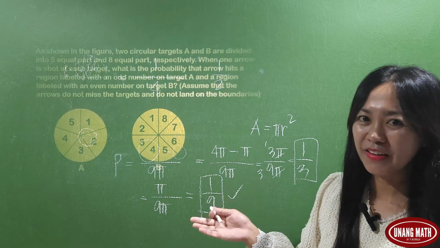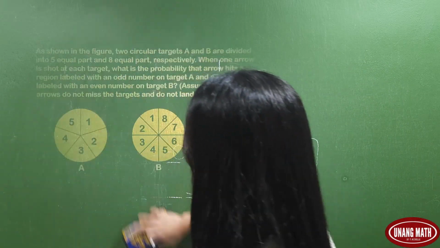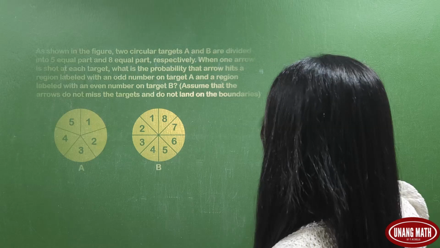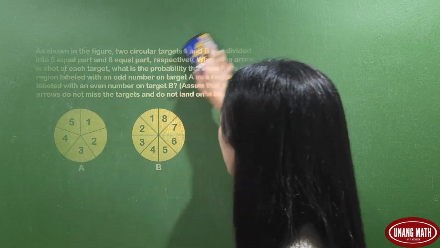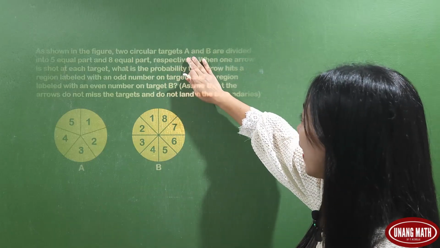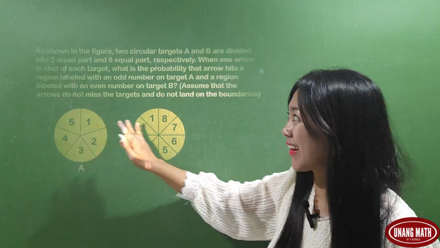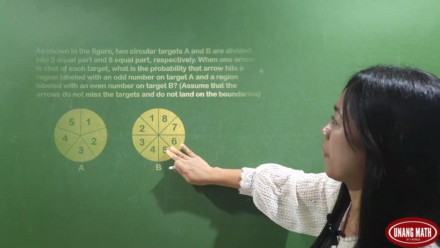Okay, moving on. Let's answer the simple questions. The first one is, as shown in the figure, two circular targets A and B are divided into 5 equal parts and 8 equal parts respectively.